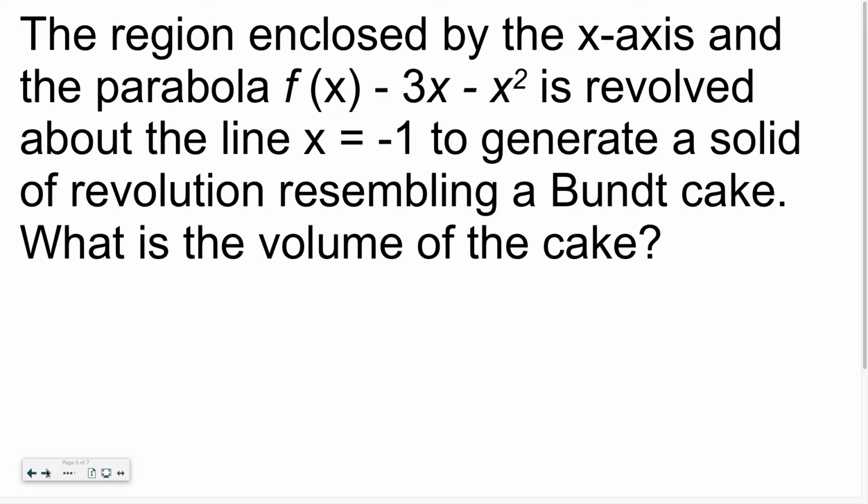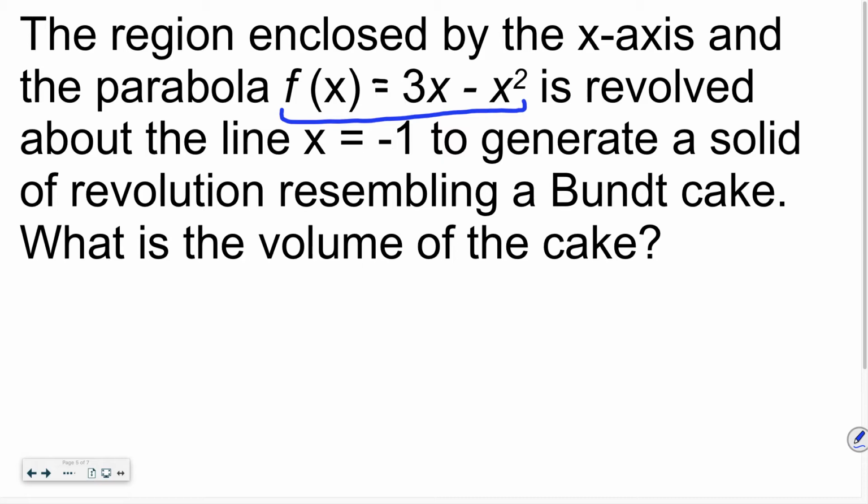We're going to create a region using quadratics for our bundt cake. We're going to rotate it about an axis. But this is definitely an equal sign, not a minus. Okay. So f of x is 3x minus x squared.